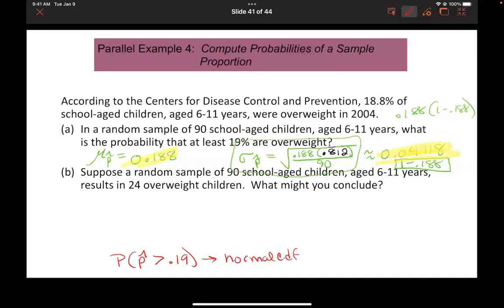My lower number is 0.19, upper is 1E99, then 0.188, comma, 0.04118. At least you only have to remember the normal CDF thing for the calculator.